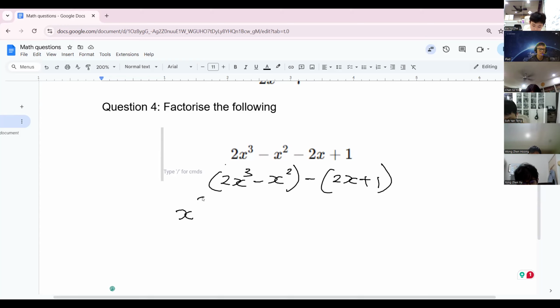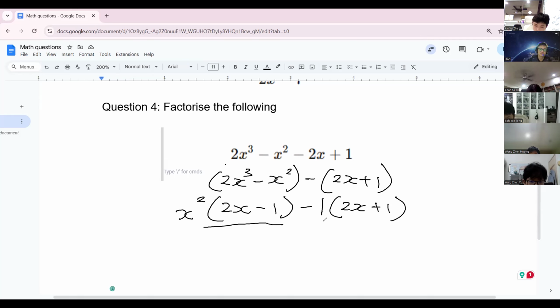So it will become x squared (2x minus 1), and this one is minus 1 (2x minus 1). Okay. And then now, since we have the same thing here and here, we can factorize it out. So it will become (2x minus 1)(x squared minus 1).